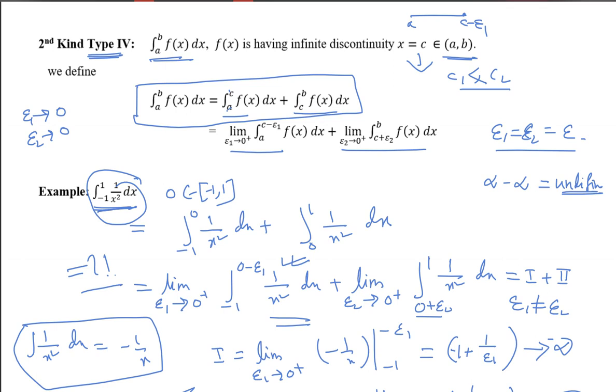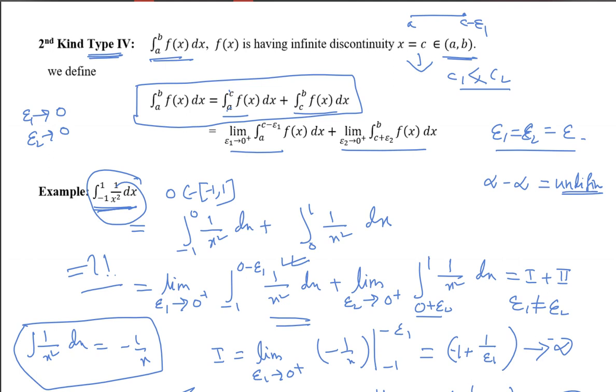You may say that both tend to 0, so both are equal. But the thing is not like this. Epsilon 1 tending to 0 and epsilon 2 tending to 0 are two different variables, and they may come from different paths. In that case, there is no convergence.